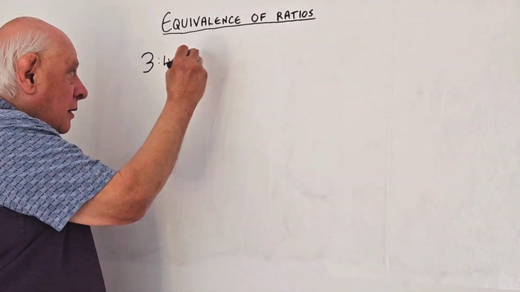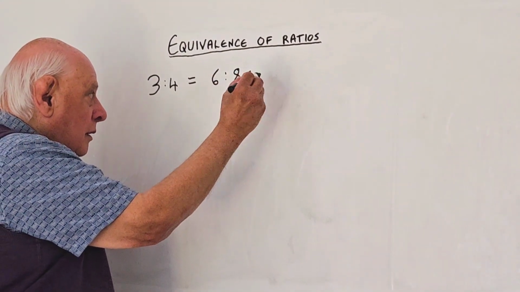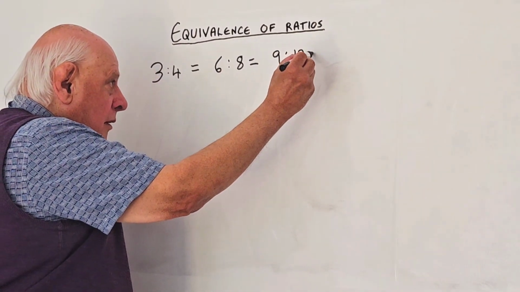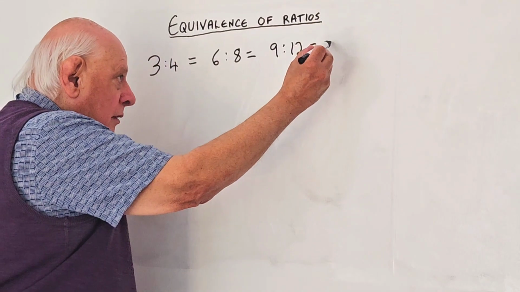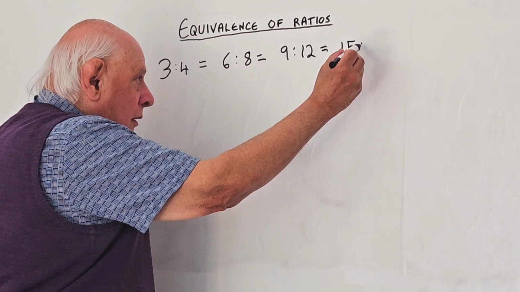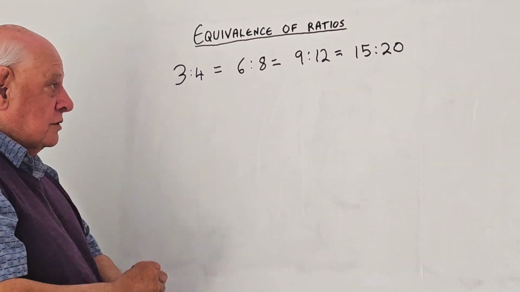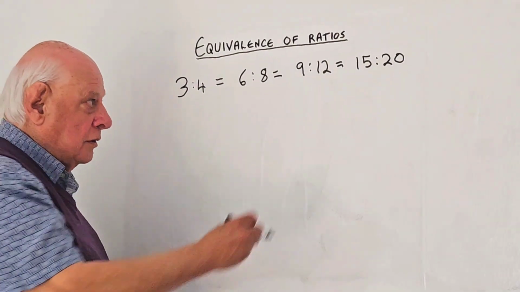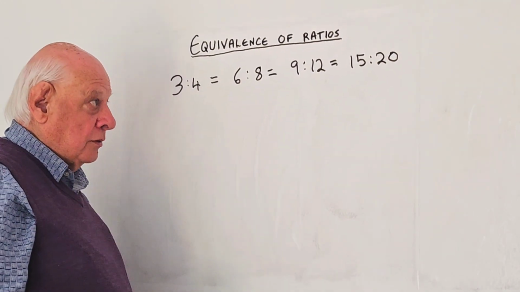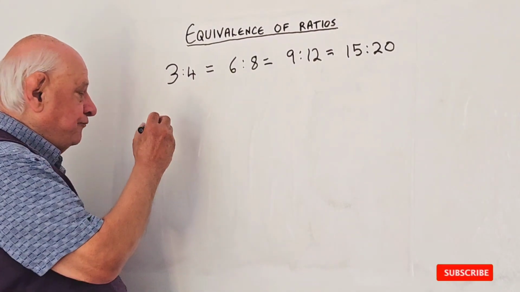I'm going to write down and claim all these ratios are equal. Okay, and you can keep going on like that, on and on and on to the very last syllable of recorded time. So you need convincing of this.